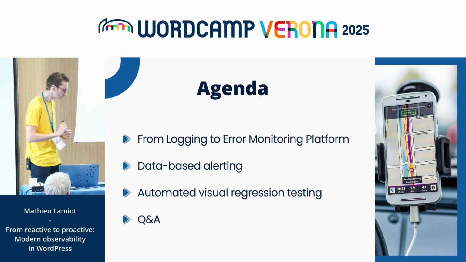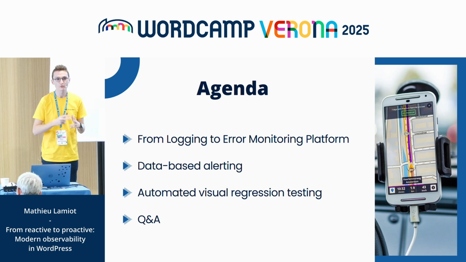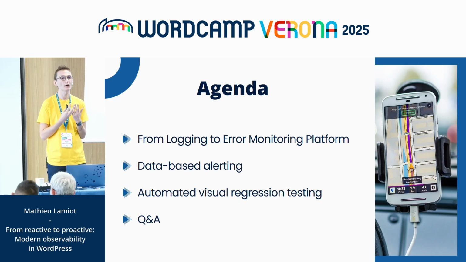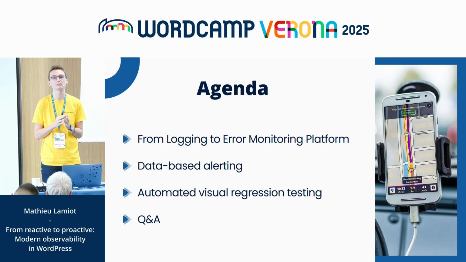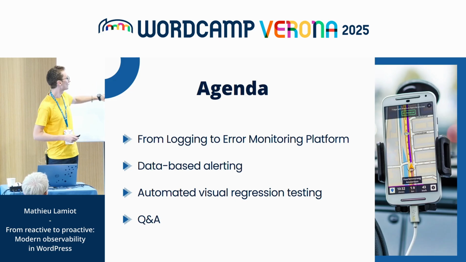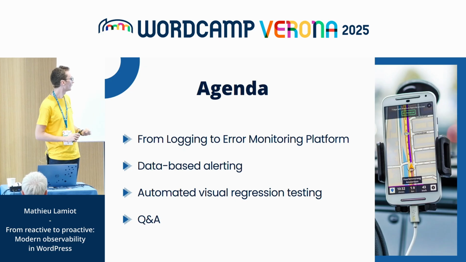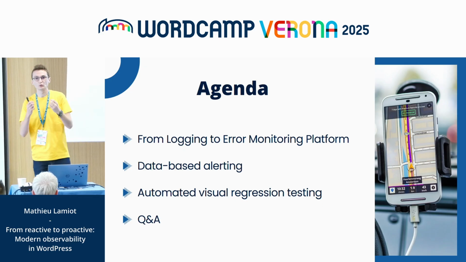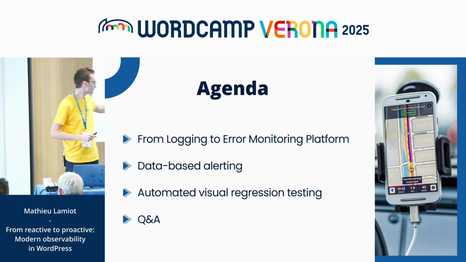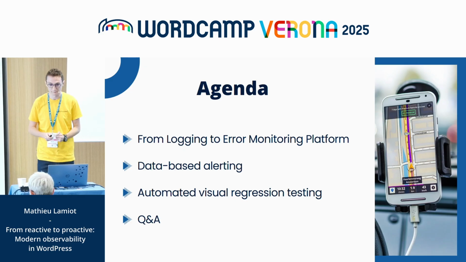All right. So we have seen three scenarios, three examples of issues and how to fix them using some easy tools. We used Sentry or GlitchTip to move out of WP debug logs and into an error monitoring platform. We used Metabase to get knowledge and alerts based on your actual database. And I introduced Backstop for everything related to visual regression testing.